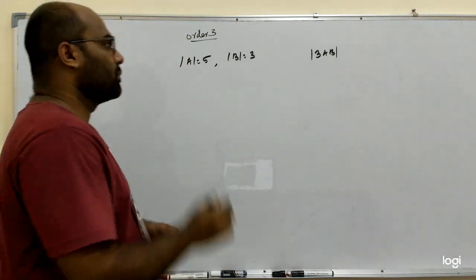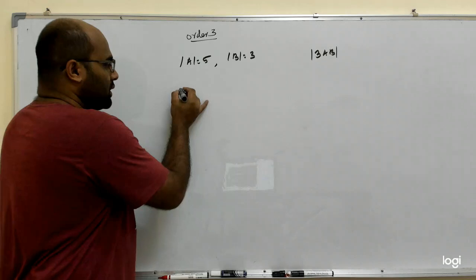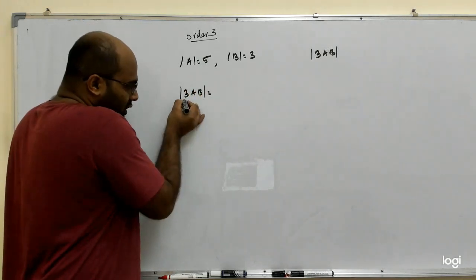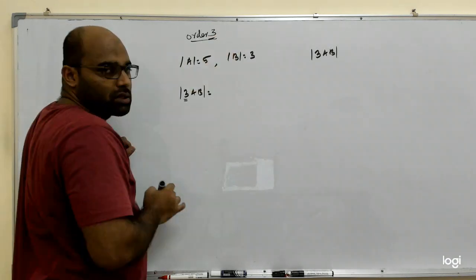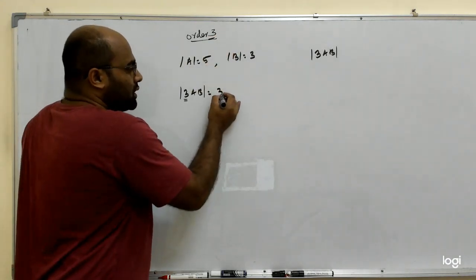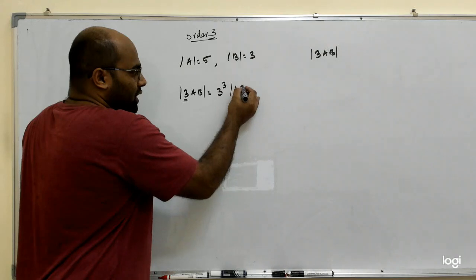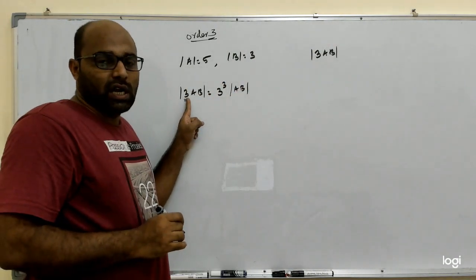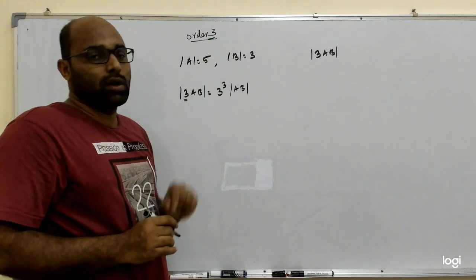Very simple only. Order 3. See, they are asking the determinant of 3AB. So 3 is a scalar value, and the order is 3. So 3 cubed into determinant of AB will come out, because the scalar comes out along with the order.